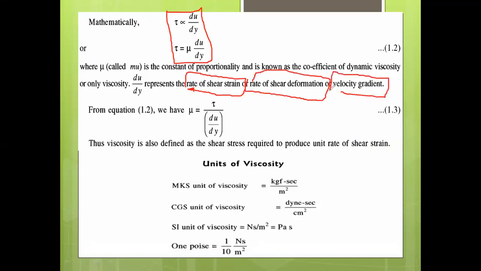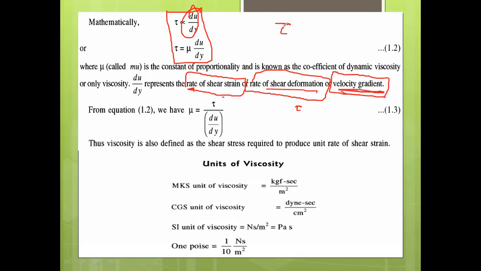There are three terms or terminologies used for this particular entity du by dy. What are they? Du by dy is nothing but a rate of shear strain, a rate of shear deformation, or velocity gradient.